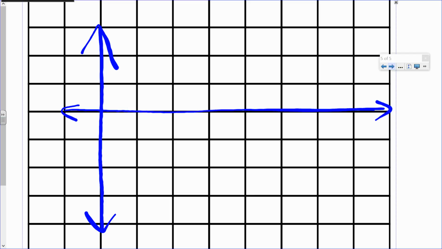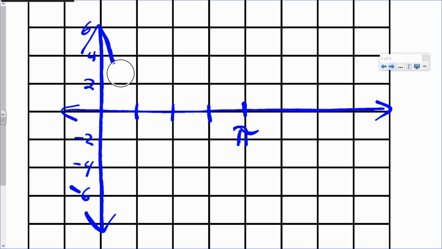I'm going to chop it up into 4 pieces: 1, 2, 3, 4. This is going to be pi, the end of my period, because one period will be pi units long. The amplitude was 6, so I'm going to go by 2s: 2, 4, 6 up here, and -2, -4, -6. Do that with me.